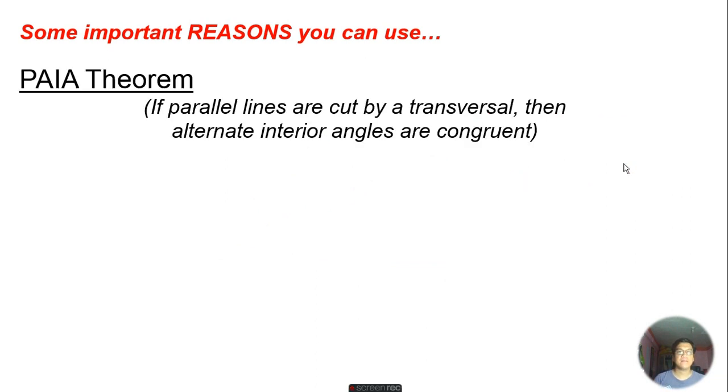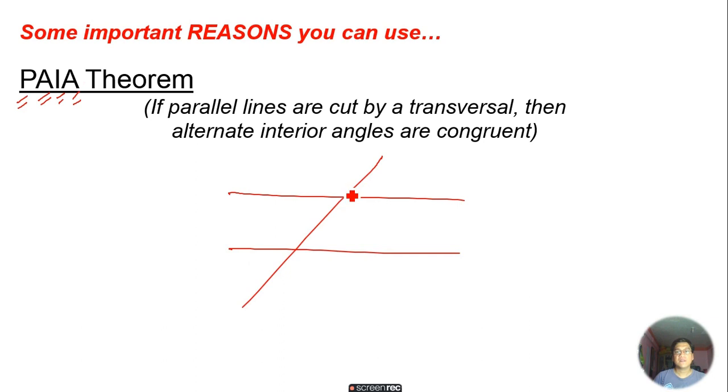Next, what is the PAELLA theorem? PAELLA is just an acronym: if parallel lines are cut by a transversal, alternate interior angles are congruent. You learned already that when parallel lines are cut by a transversal, alternate interior angles are congruent.